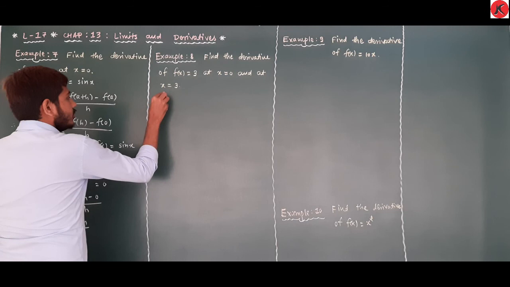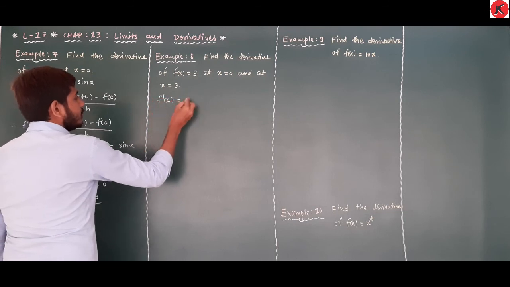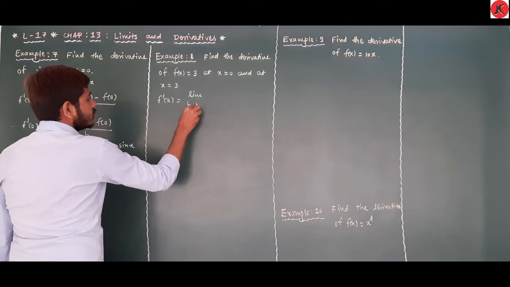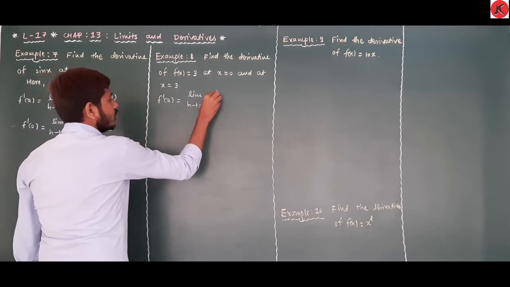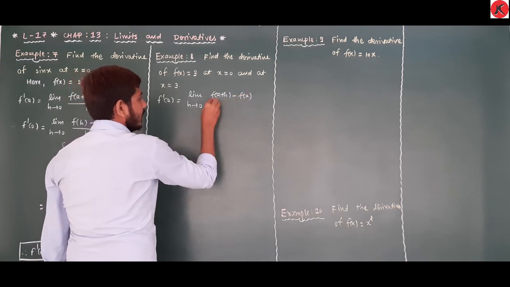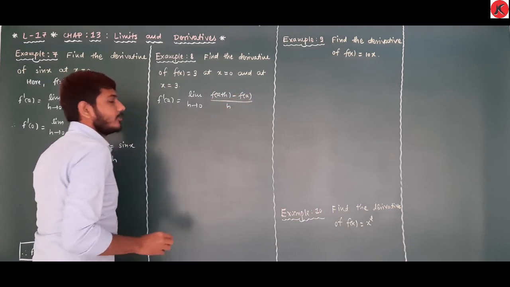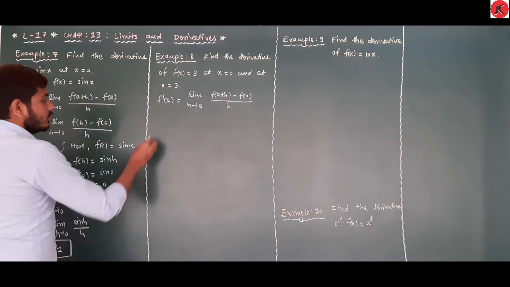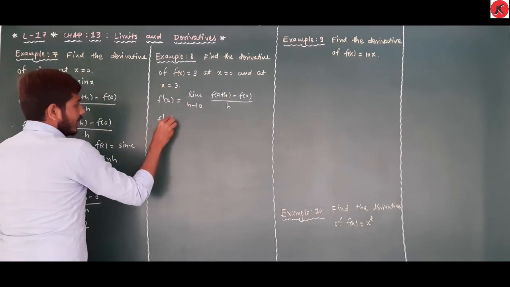First of all, use the first principle of derivative, which is given by f dash a equals limit h tends to 0 of f of a plus h minus f of a divided by h. For at x equals to 0, find f dash 0.